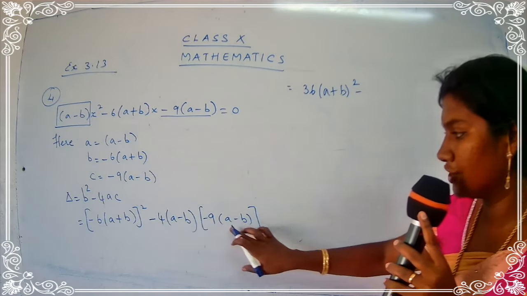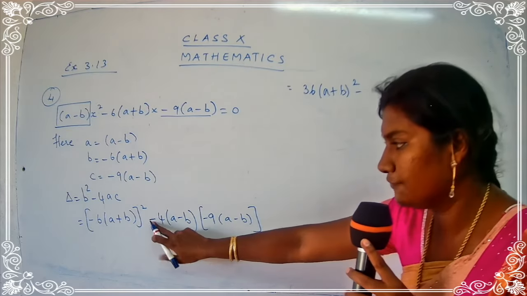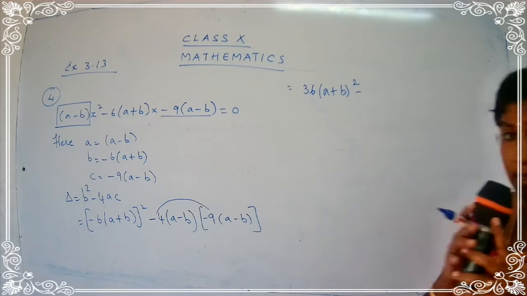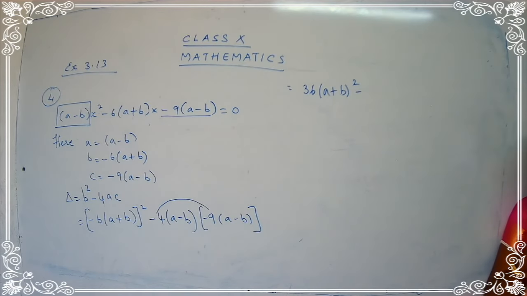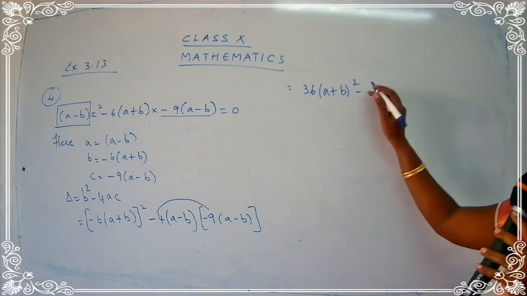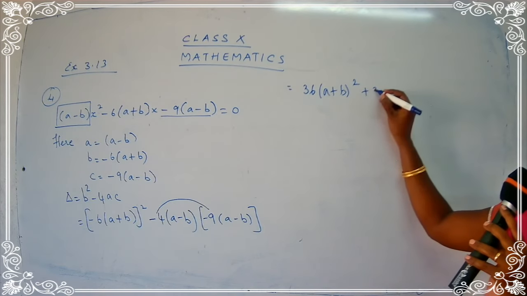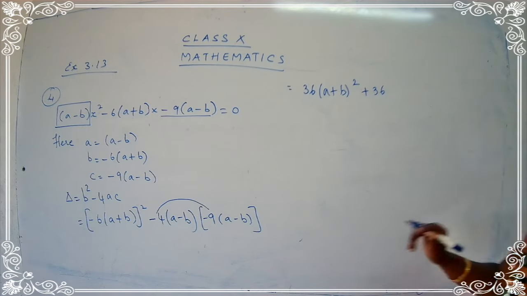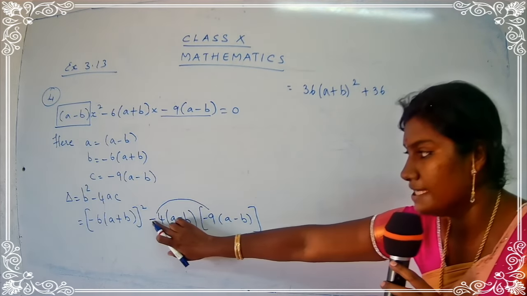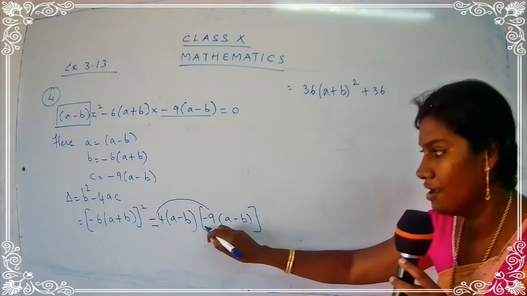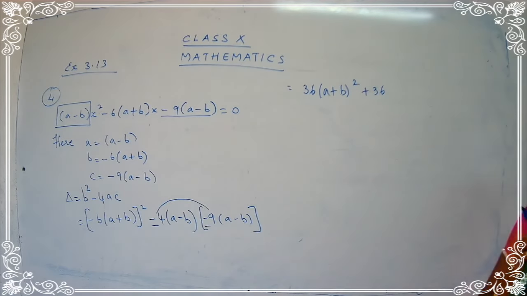Let's take the multiplication over here, children. See here, minus 4 into minus 9. What is minus 4 into minus 9? Minus minus plus. 4 into 9, 36. So I get here plus 36. Clear? Okay. Now see here, children. So I have taken minus 4, I have taken minus 9. So minus into minus gives you plus.